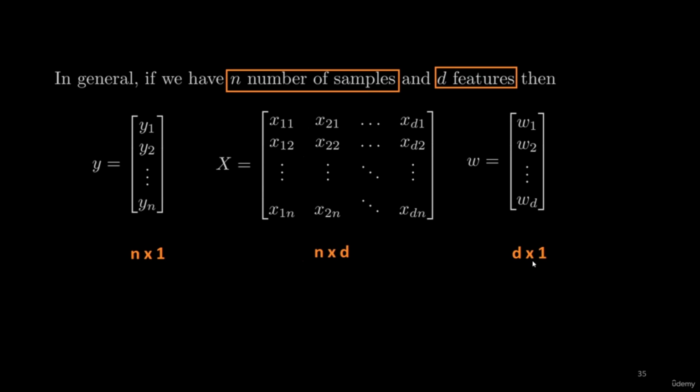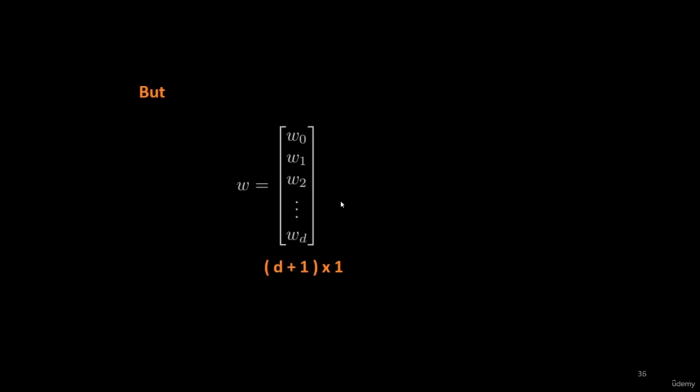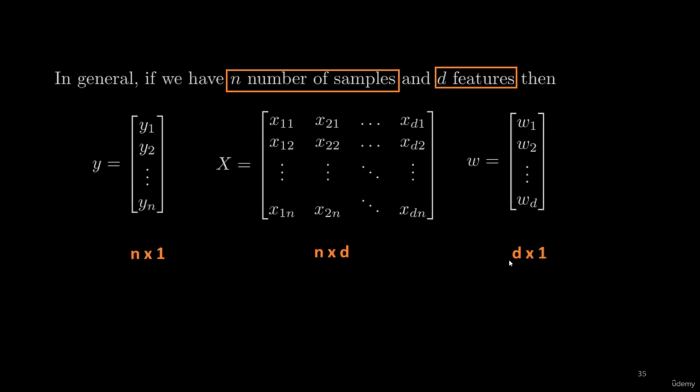So previously it was d by 1. When I insert the value of a bias in this matrix, its size becomes d plus 1 by 1. So if it is d plus 1 by 1, then in order to multiply it with X, we have to transform this d into d plus 1 as well. So how to do this?